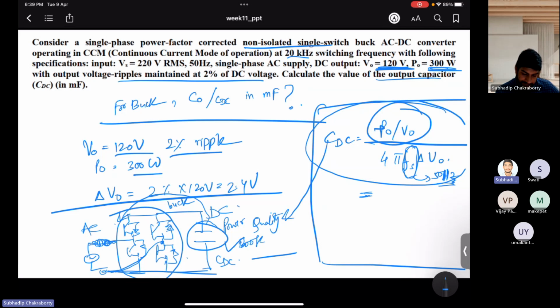Yes, please calculate. You can just plug in the values, right, and then calculate.